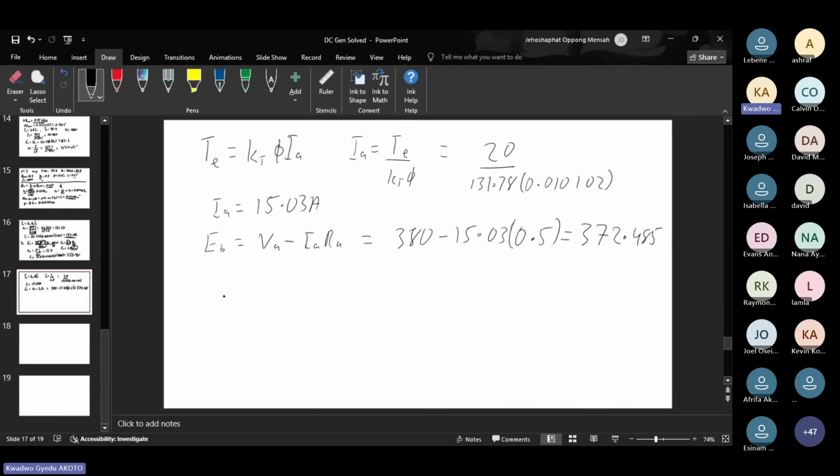So then our speed can just be found from our new EB and our constant. Once again, we are using this constant so that we can get our speed directly in RPM. If you use the other constant, you are going to get the speed in radian per second, right? So the speed is 2672.5 RPM.